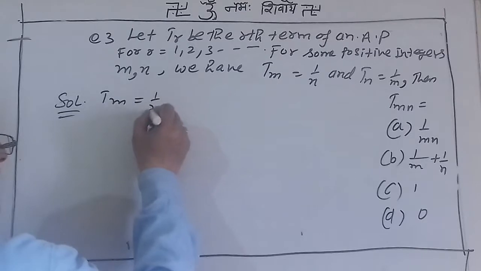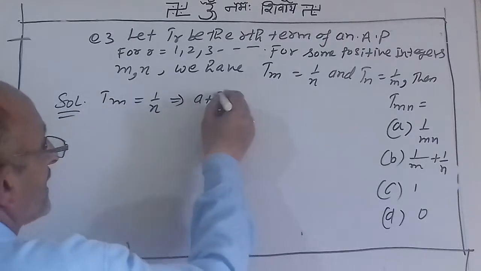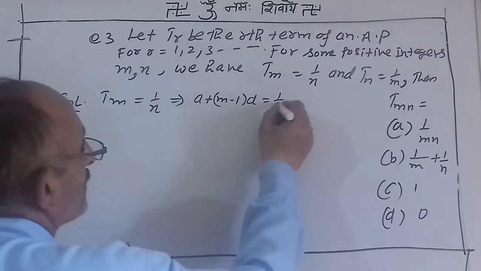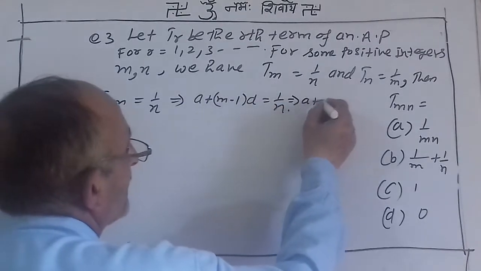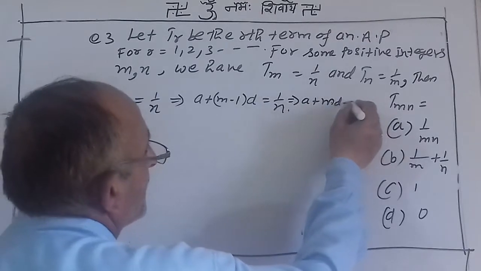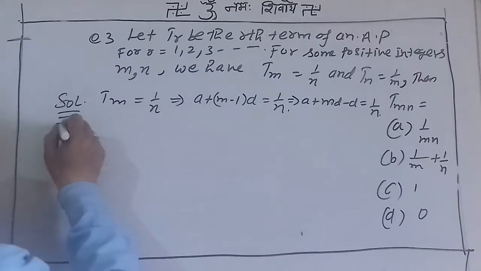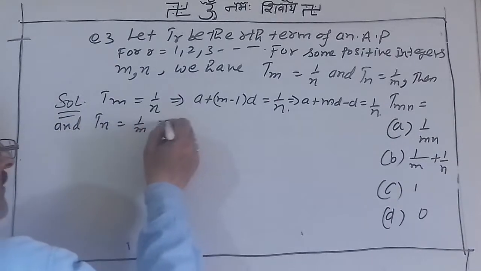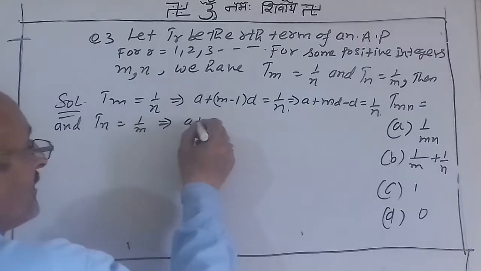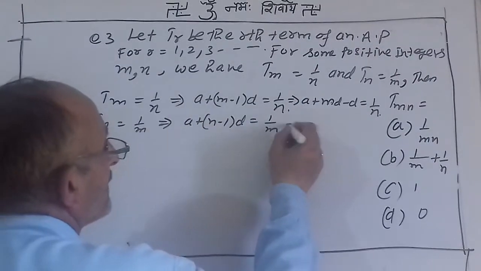Tm is 1 by n. This implies a plus m minus 1 into d is equal to 1 by n. This implies a plus md minus d is equal to 1 by n. And Tn is equal to 1 by m. This implies a plus n minus 1 into d is equal to 1 by m.